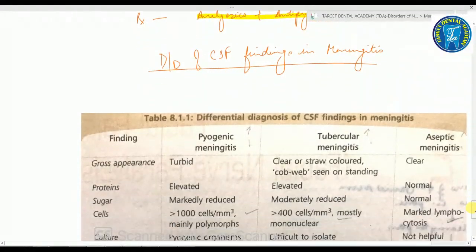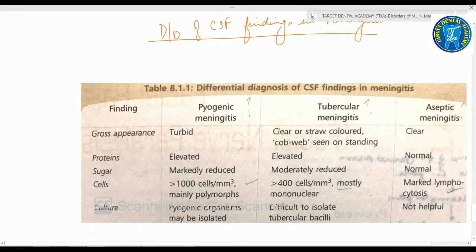So coming on to the differential diagnosis of the CSF findings in meningitis, it is important. First is the gross appearance. In pyogenic meningitis, it is turbid. In tubercular meningitis, it is clear or straw colored, and a cobweb is seen on standing, important.